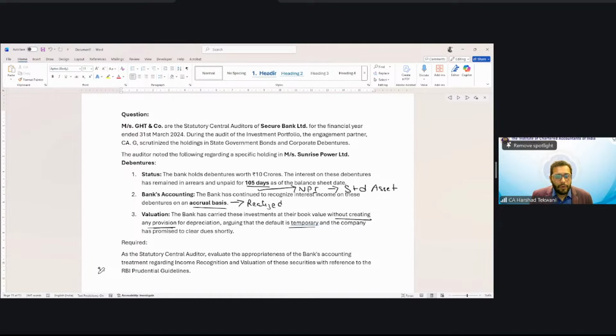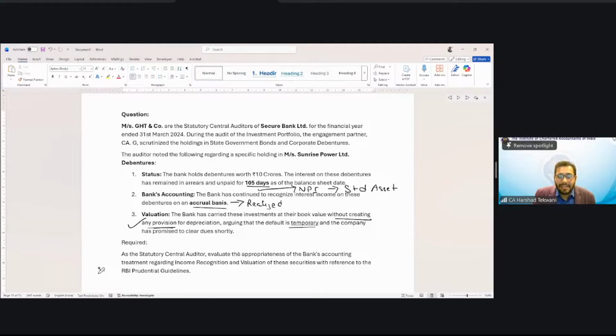But because we don't have the categorization of the investment, you can only say the provision is required to be made instead of quoting the exact provision. Or you may also assume this belongs to this category, so this is the provision that is required to be made. So the bank is incorrect.